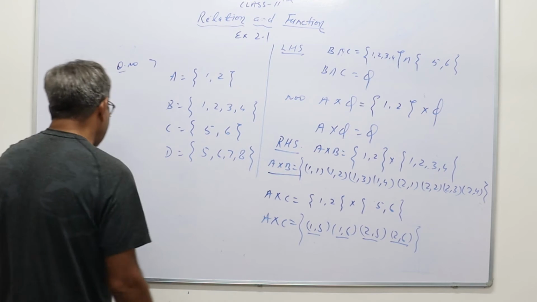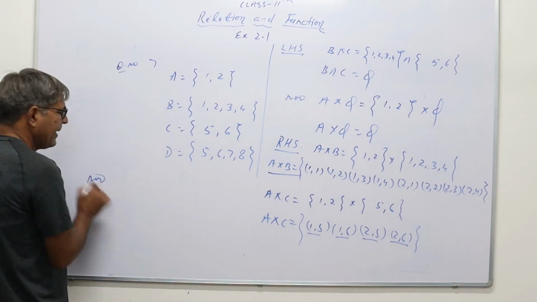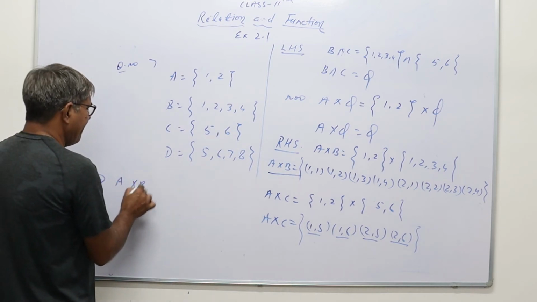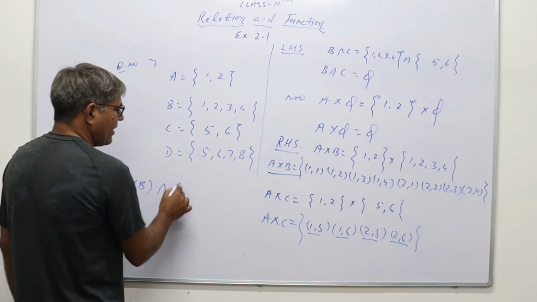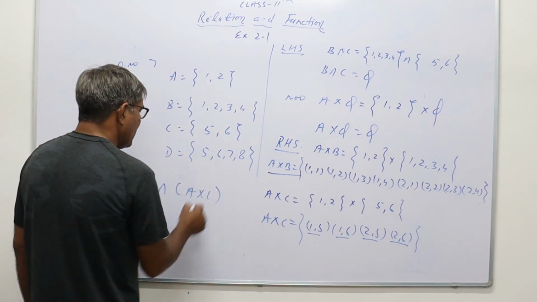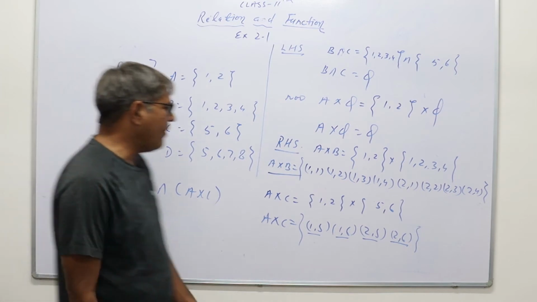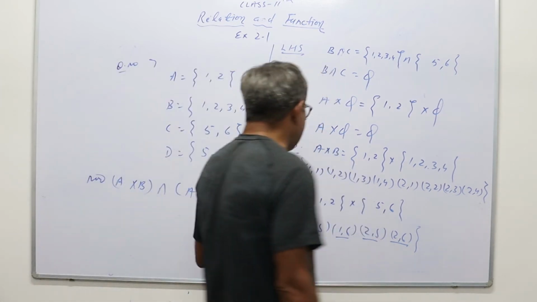Now what we have to find? (A cross B) intersection (A cross C). See, what is the common element in A cross B and A cross C?